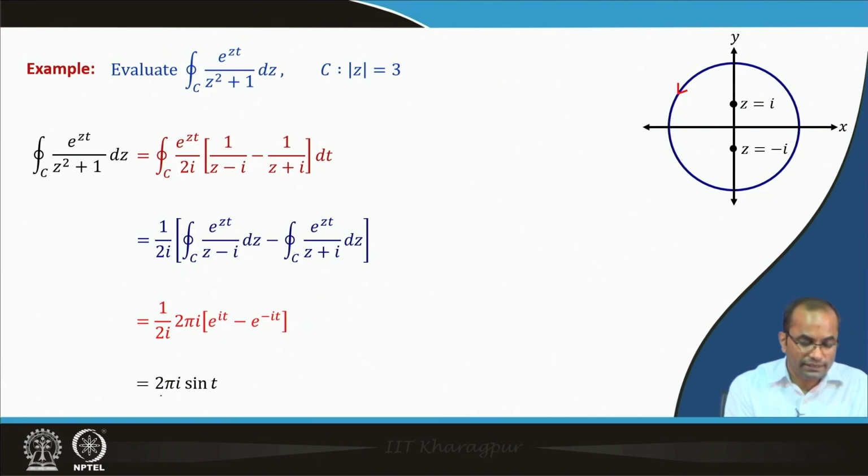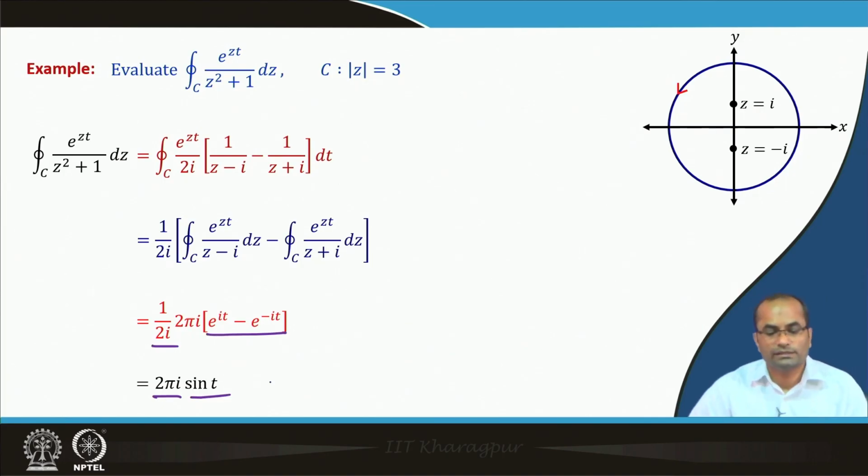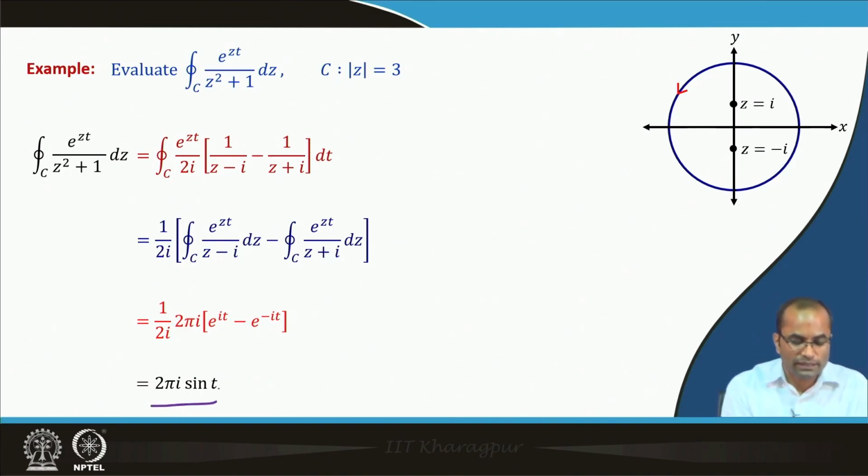So, 2 pi i and then (e power it minus e power minus it) over 2i we can write as sine t. So, this was the one approach. For instance, we have applied the integral formula to get this 2 pi i sine t. Another approach could be the following.